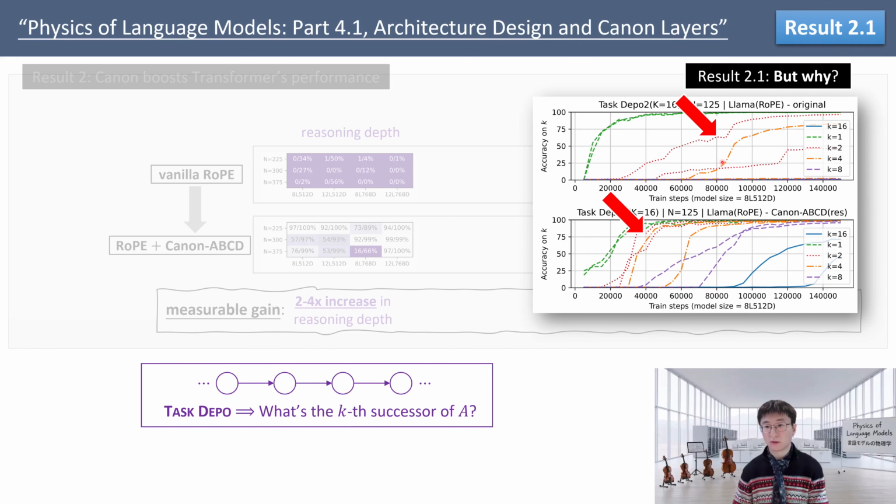Those are the 2 best learning rates out of the 4 learning rates that we swept. So it doesn't matter which one you use. If you use the Canon layers, then all of the hierarchical learning performs much faster and so on. But this is once again the phenomenon, and why did this happen?